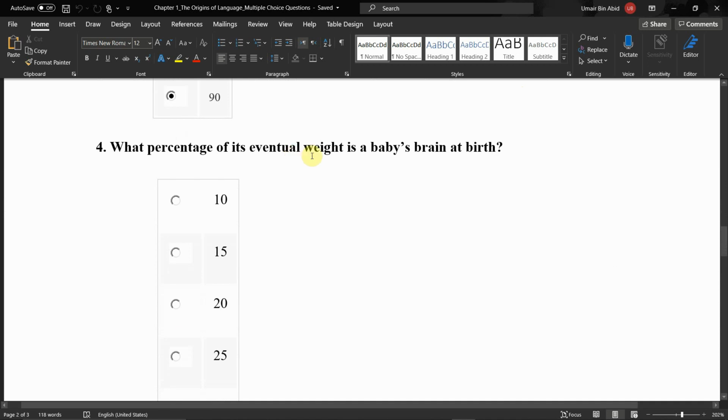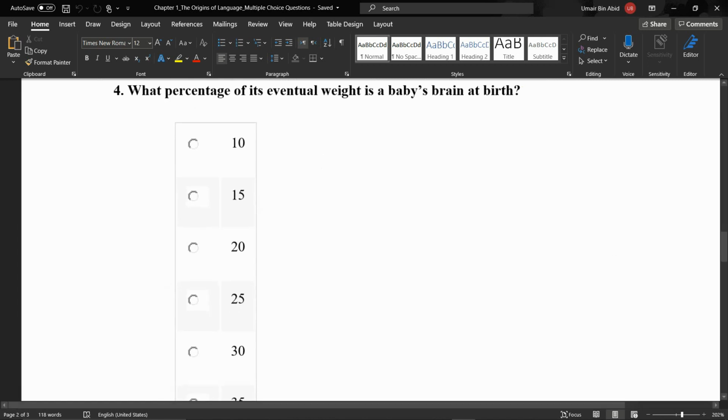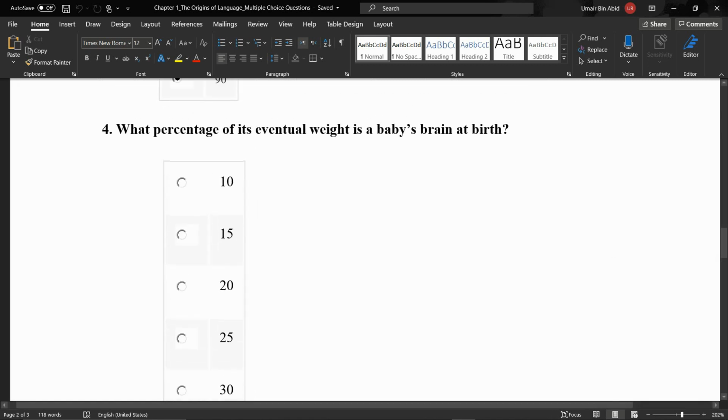And what percentage of its eventual weight is a baby's brain at birth? Now, once again, this is such an MCQ. We have read that when a baby is born, at that time his brain is one quarter, in other words one fourth part of his total weight.